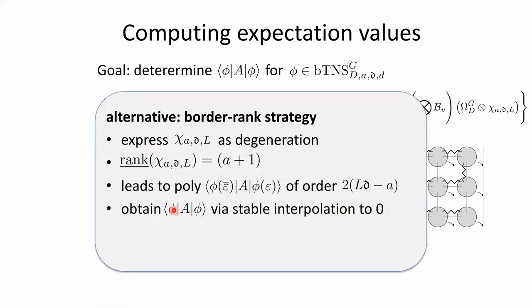And the second strategy is what we call the border rank strategy, where we use that we can express the weight states as degenerations themselves, their border rank as a tensor is A+1. And then similarly, as we turned degenerations into exact representations of the state via interpolation to 0, we can do the same thing for the expectation value in terms of epsilon.